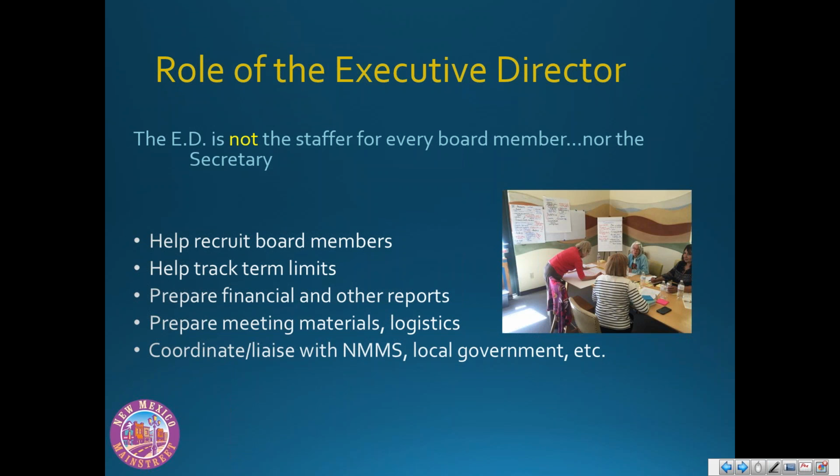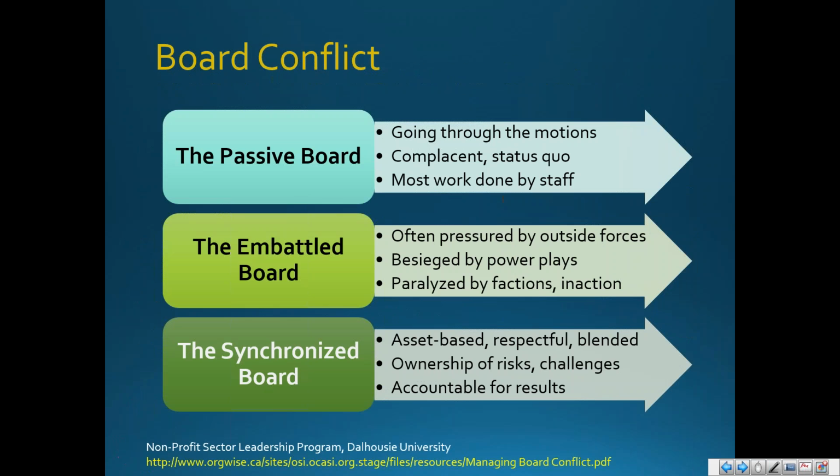And it's going to be important for the executive director to be able to respond to what's going on with the finances, because they know, for the most part, where the day-to-day expenses and revenues are, right? They can assist with preparing the meeting materials and logistics, and then remember that your executive directors are the primary coordinators and liaisons between your board and New Mexico Main Street, your local government partners, and any other partners in the space, right?